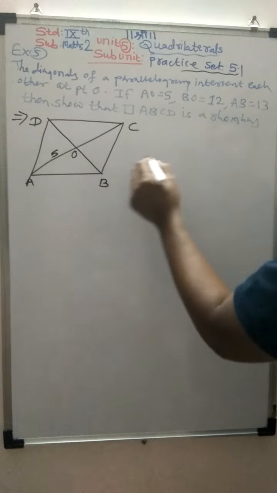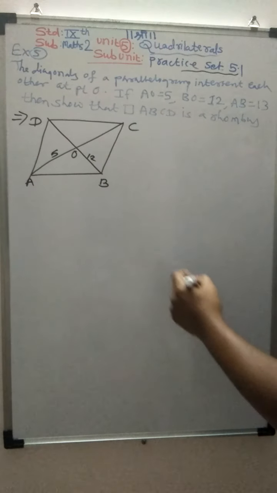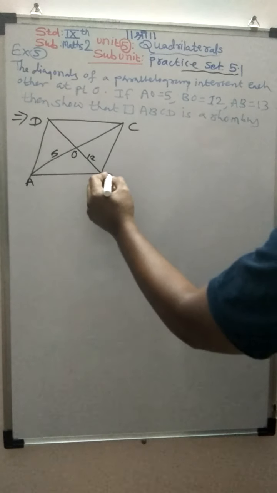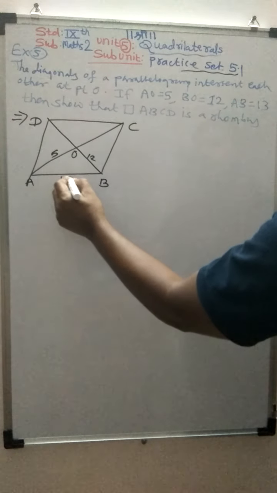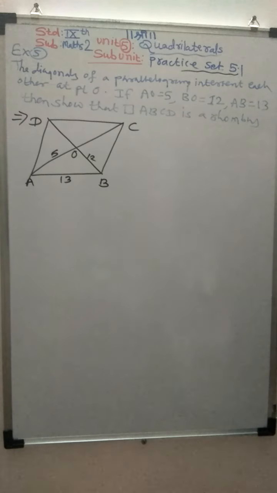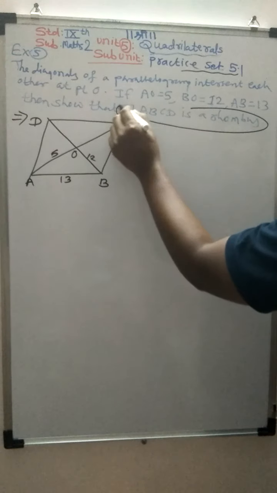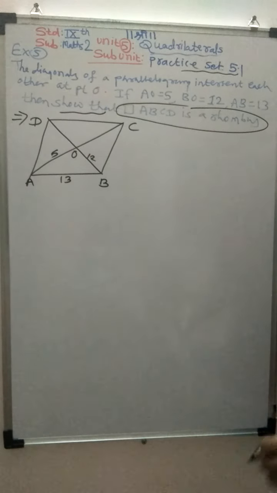OA is 5, BO has length 12, and AB, see here, AB has length 13. Then our aim is to prove that quadrilateral ABCD is a rhombus.